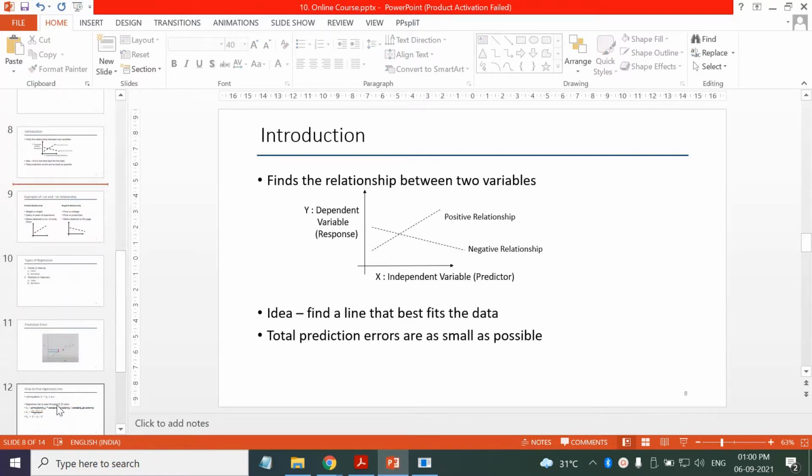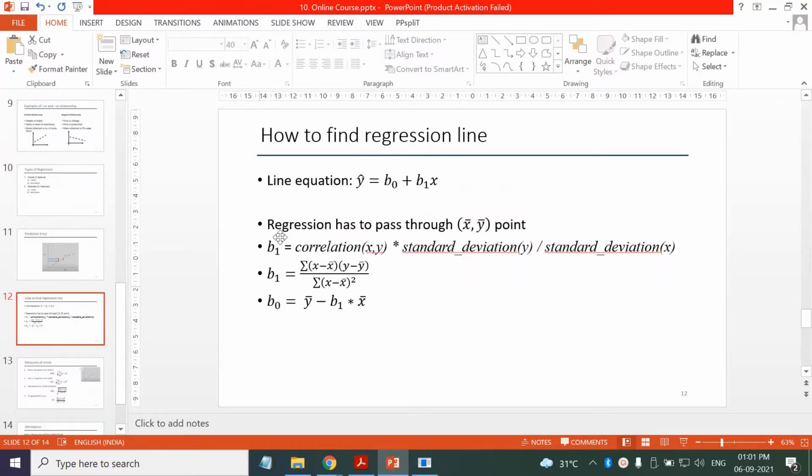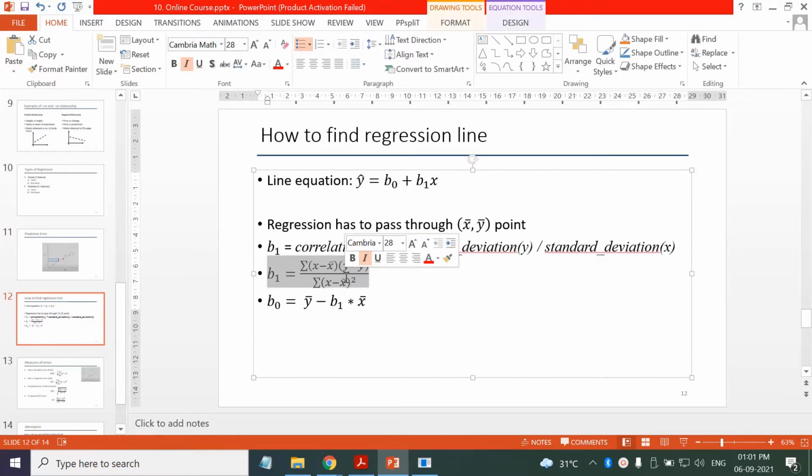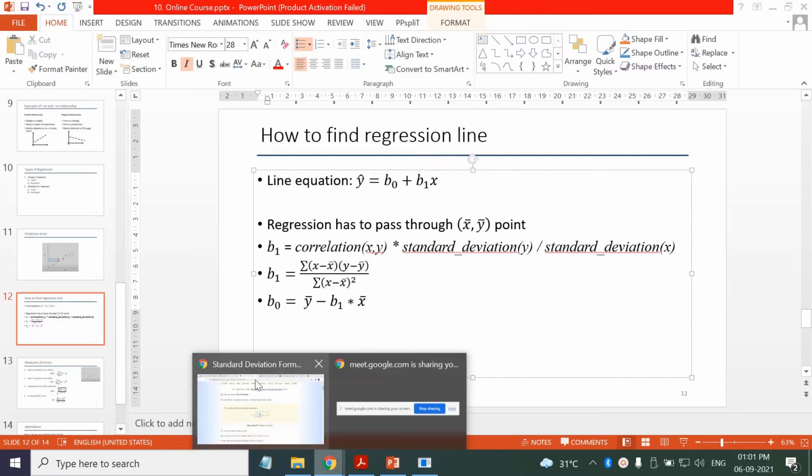We have a mathematical formula for finding the beta 1 value, that is given by this one, and this is the simplified formula for that, right? We know the line equation now. So for the given unknown sample, just put the values and you will get an output value. Simple, right? So any doubt in today's lecture?